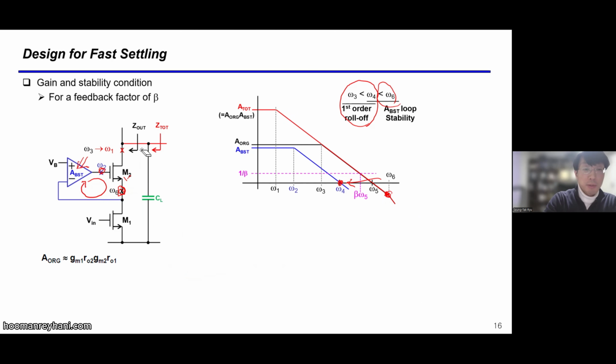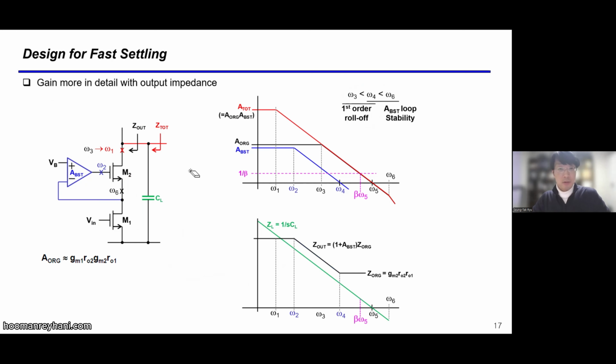In continuous time amplifier design, this will be a good condition. But for transient, the switched capacitor amplifier's case, we need to consider more. So let's take a little bit more look at the amplifier. If we draw the output resistance or impedance, actually, because it's a frequency dependent value, right?